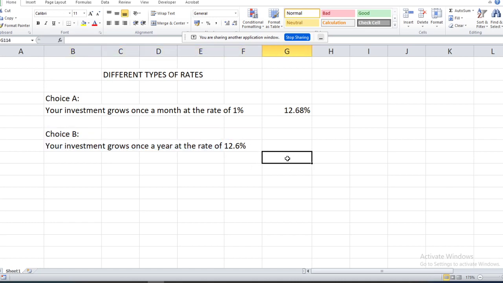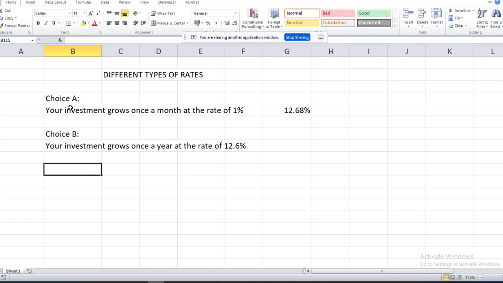So you see the difference here? Choice A has more chance to give you interest on interest. Even though it looks smaller, because 1% multiplied by 12 is only 12, it's actually a better investment option, 12.68% rather than 12.6%.